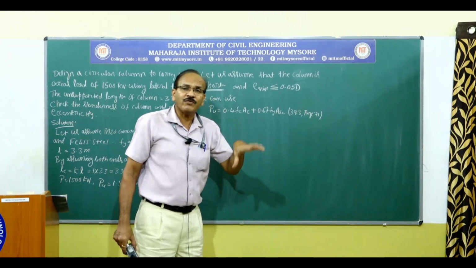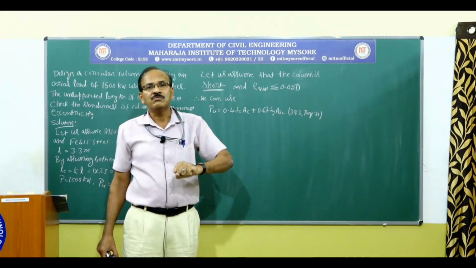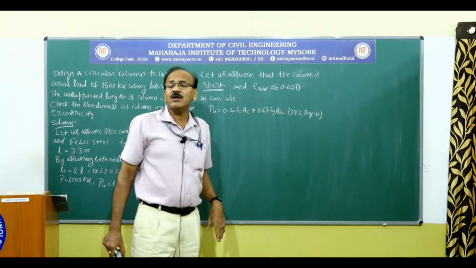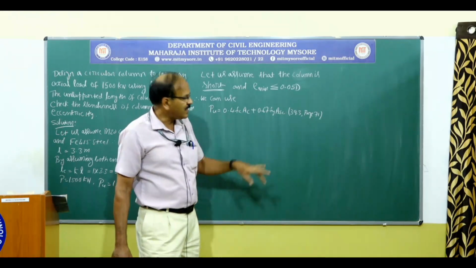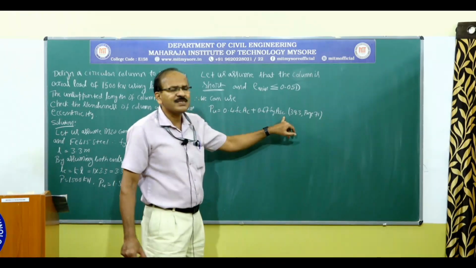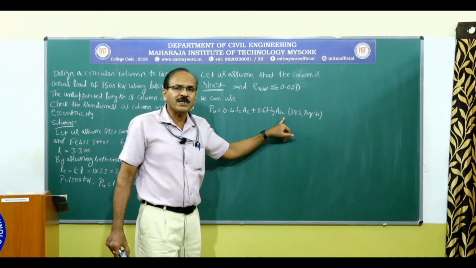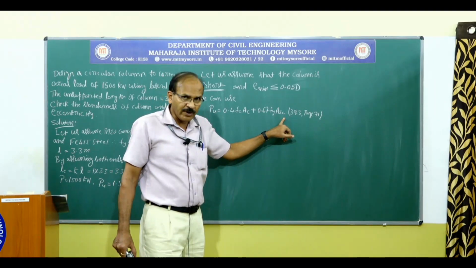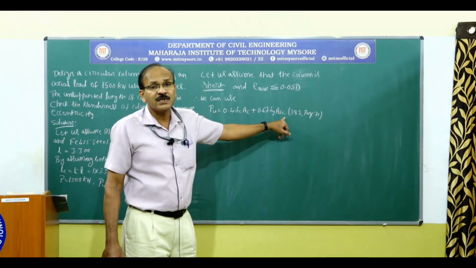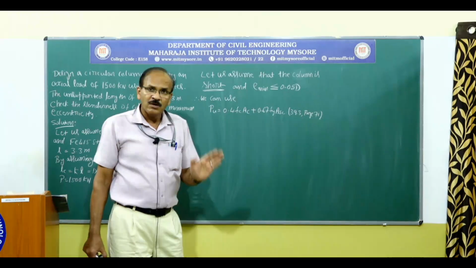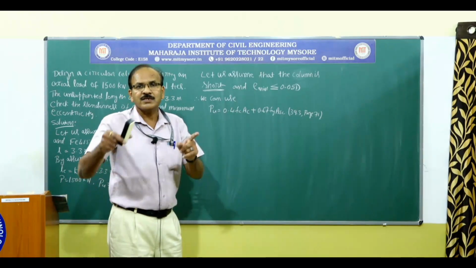So in this case what we have to do is, we have to assume some value for Ac or for Asc. But generally we are going to assume a certain percentage of compression steel. As the code says, the minimum percentage of steel we have to provide is 0.8% and the maximum percentage of steel allowed is 6%. So I am going to assume some value between those two extremes.